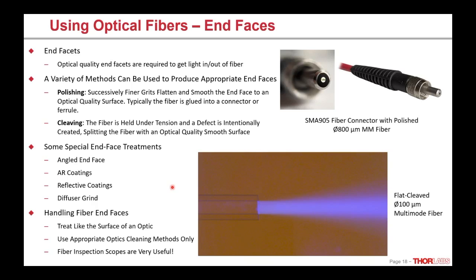And when we're using these end faces, we need to be careful with them. The general guidance is really treat the end face of the fiber just like the surface of an optic. Give it all the same care. Use appropriate cleaning methods. And here at Thorlabs, we have tons of fiber inspection scopes, so we can look at those surfaces since they're so small and make sure that they're clean, not scratched, and ready to go.